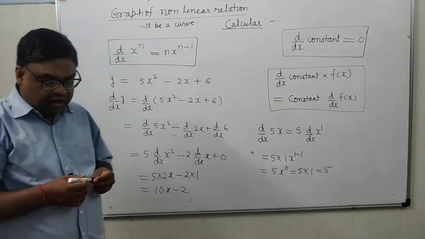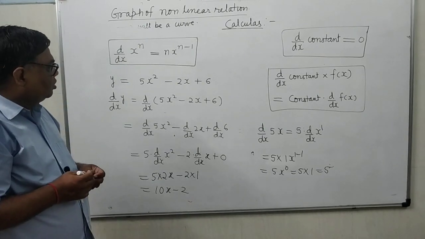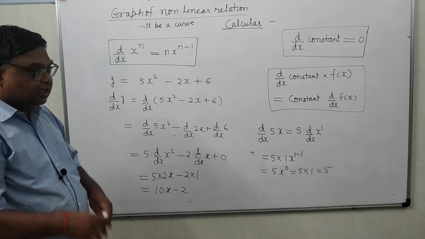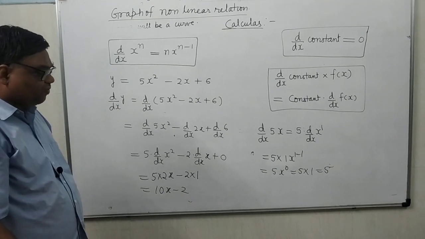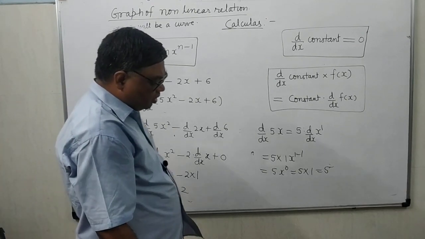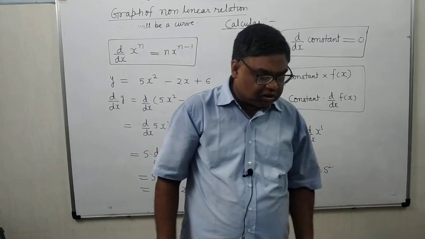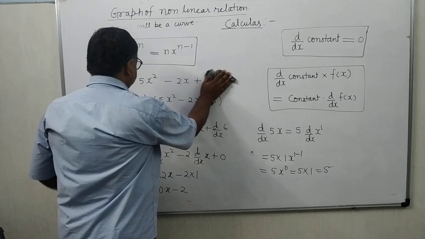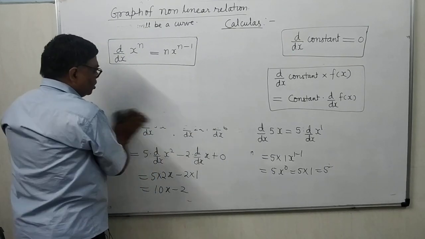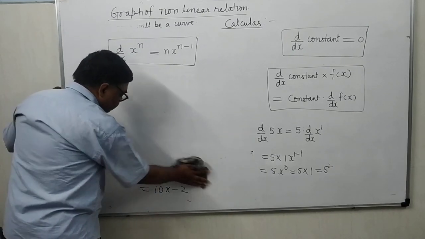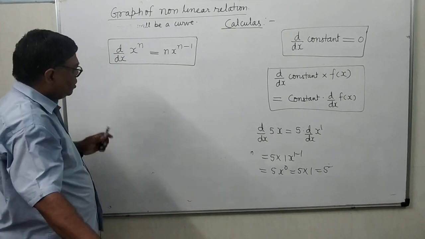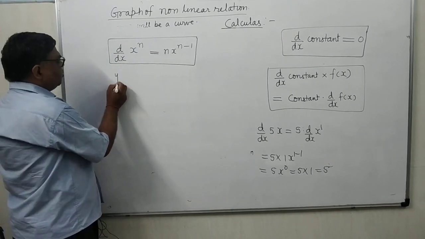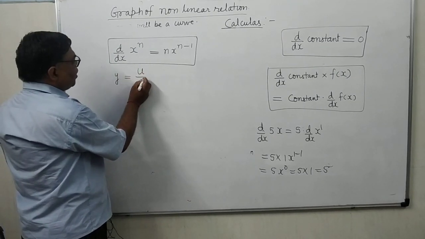It's clear? Now suppose there is a function which consists of two polynomials in multiplication or in division. Here you can see there is a relation y equals u upon v.